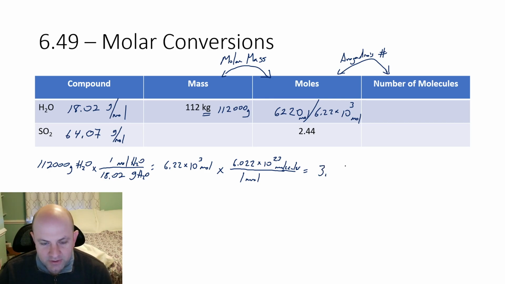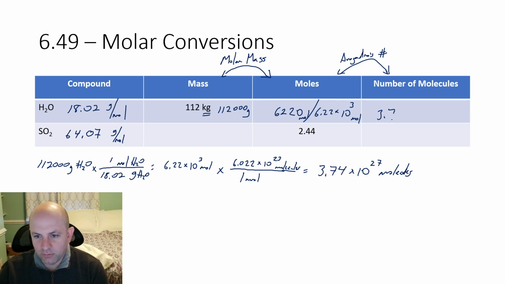But I believe this should be 3.74 times 10 to the 26th, if I'm doing the math, because 3 and 23 is to the 26th power. 6 times 6 is 36, so that's where we're getting the 37, but that'll add one more power. So yeah, to the 27th power of molecules. So that'll be our answer there, 3.74 times 10 to the 27th.